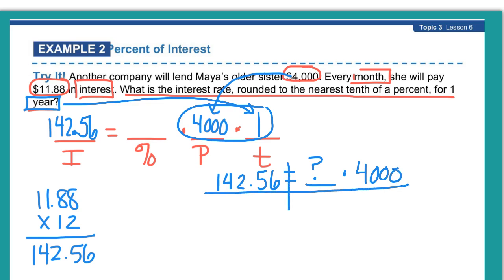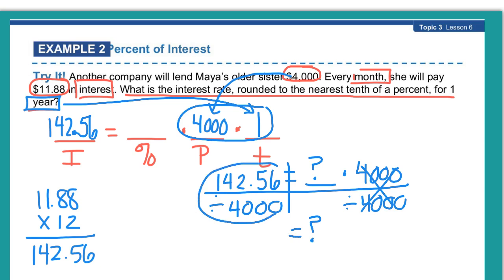Now I'm going to solve this. My numbers are divided by the equal sign, so I am going to divide by 4,000. If I do it to one side, I must do it to the other. This cancels, and my percentage is going to be whatever this is, and remember to multiply by 100.